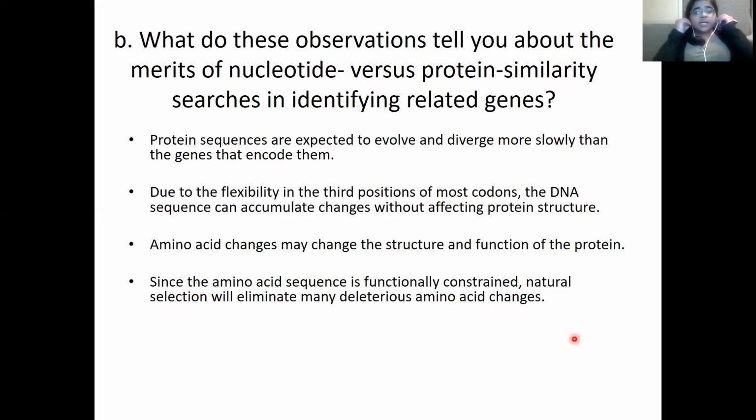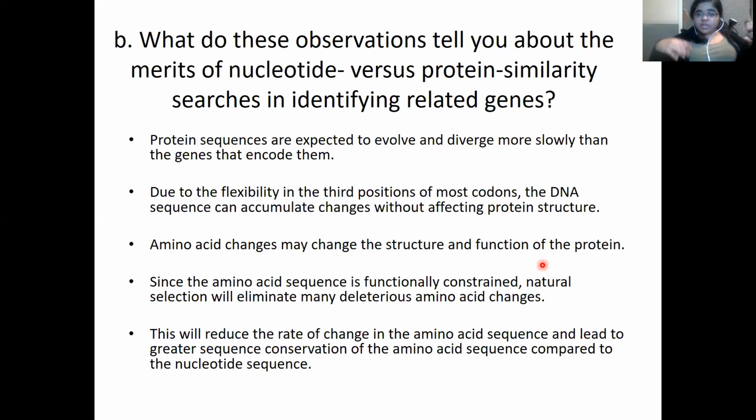So essentially, if any changes in amino acid sequence occur, that essentially gets eliminated by natural selection, because any issues that come in, it's like, nope, does not work. Bye bye. Not today. So essentially, this changes the rate of change in the amino acid sequence and leads to a greater sequence conservation of amino acid sequences compared to the nucleotide sequences.